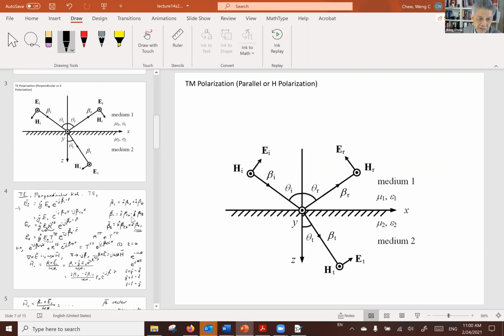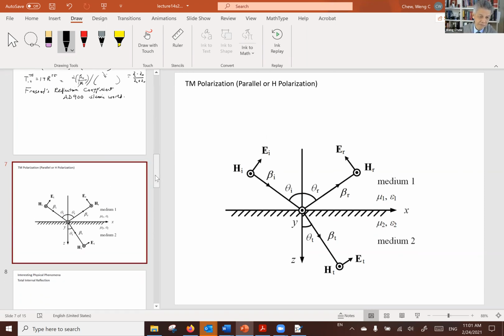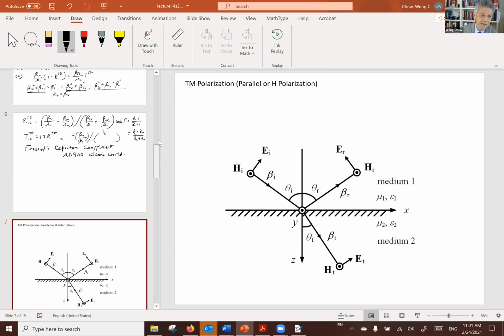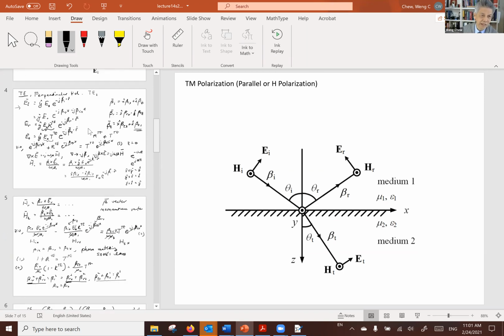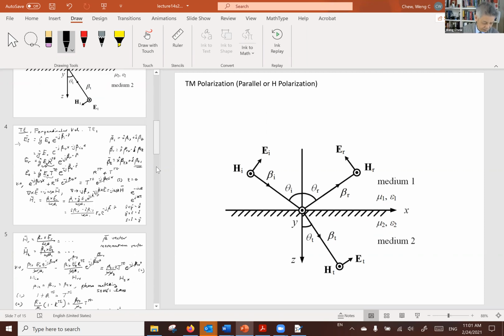Again, this figure is TM polarization, where the H field is perpendicular to the paper now. So the two problems are dual to each other, and we can apply the duality principle and hence get the solution right away.